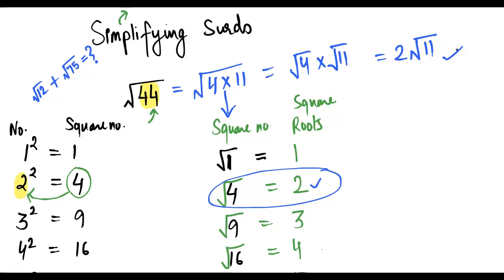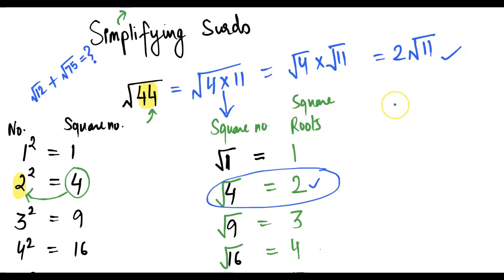Just a quick recap: we thought of dividing the number inside the surd by some square number. We got 4 times 11, then split the surds: square root 4 times square root 11. Square root of 4 is 2 and square root 11 is our surd. So we got our answer.